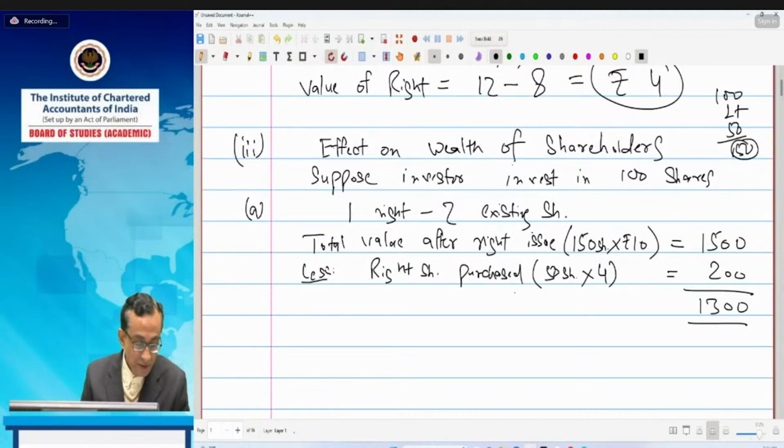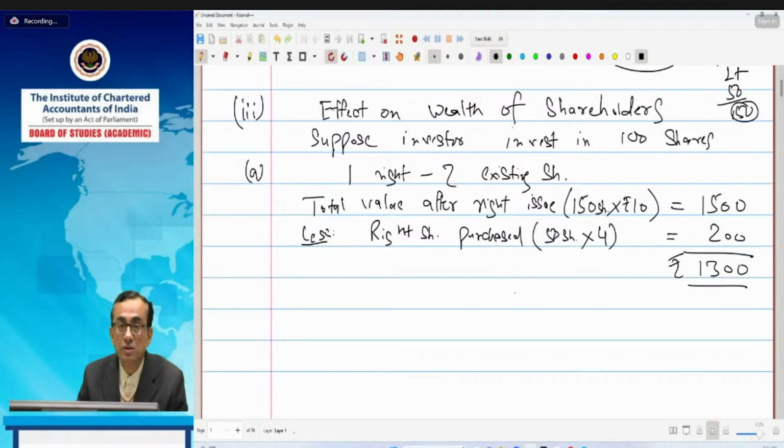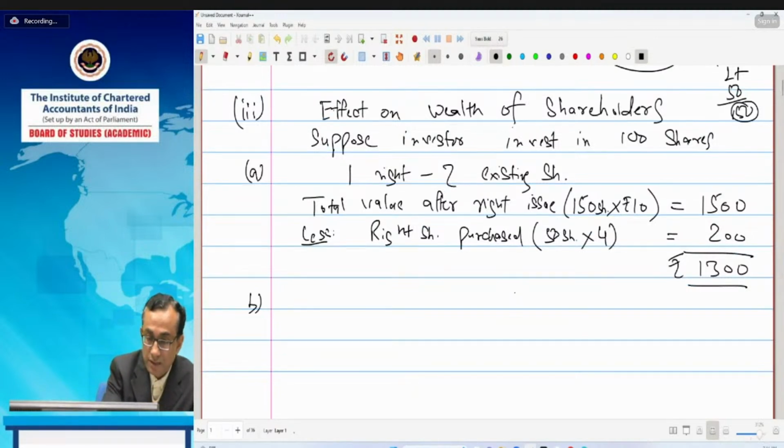So it will be 1300. That is the effect on the wealth of the shareholder. The shareholder has got 1300 in the first situation. Now let us see what is the effect in situation 2 on the wealth of the equity shareholder after the right issue.